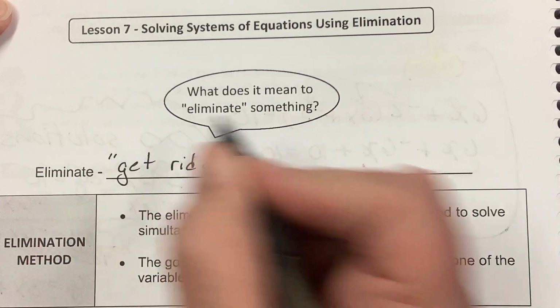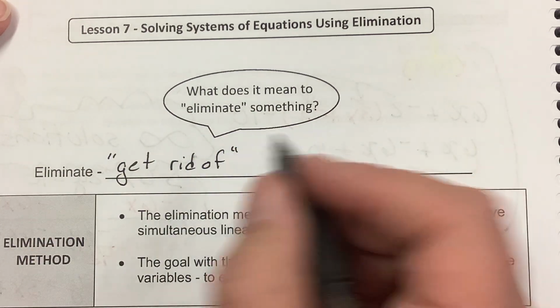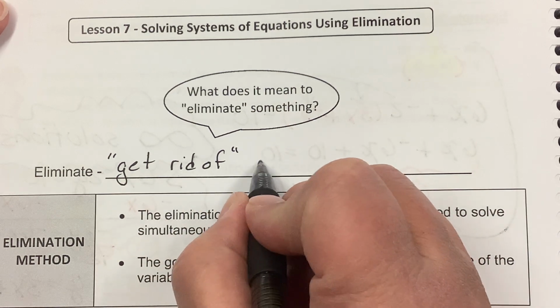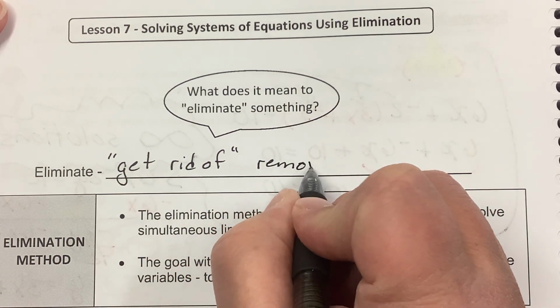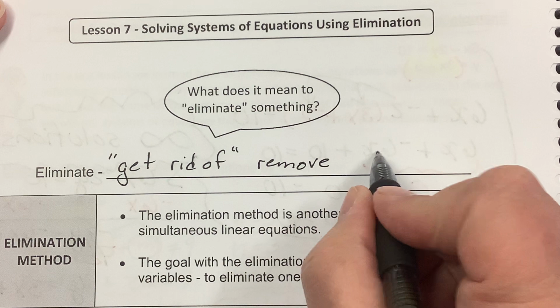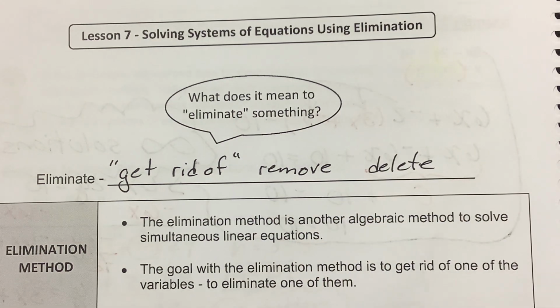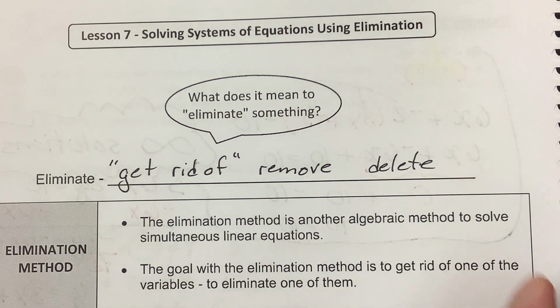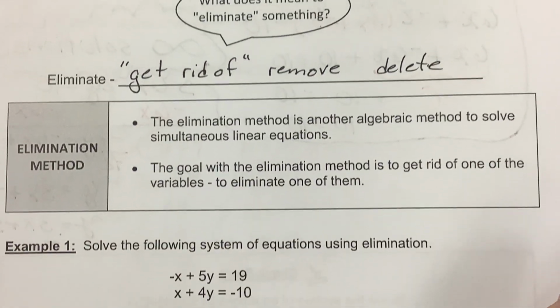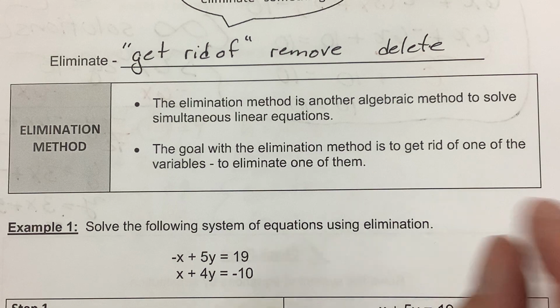You could say to remove, delete, any of those things. That's what eliminate means. And I know if you're playing GTA, it means something else, but we're not talking about that. This is math.